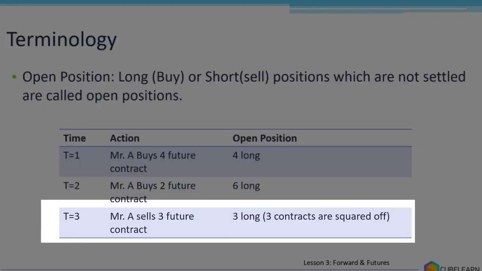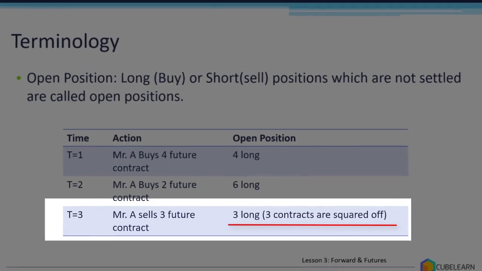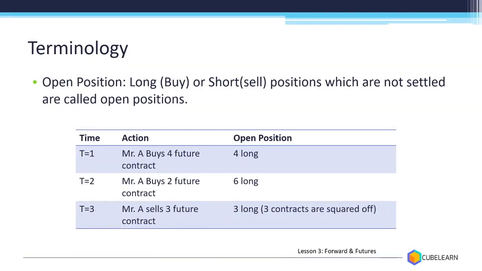On the next day, 3 futures contracts with the same expiry date are sold off. At the end of 3rd day, total open position is 3 long, as the other 3 positions have been squared off. For MTM calculations, open positions at the end of each day will be considered.